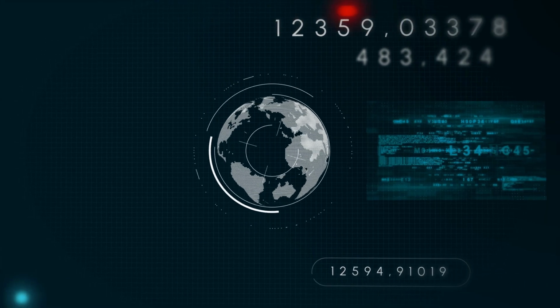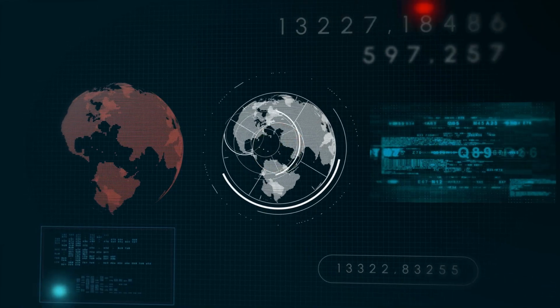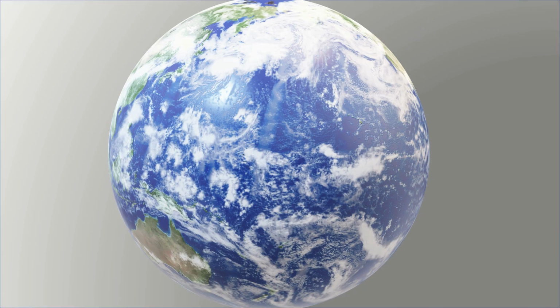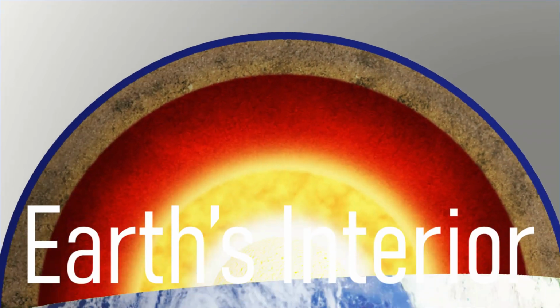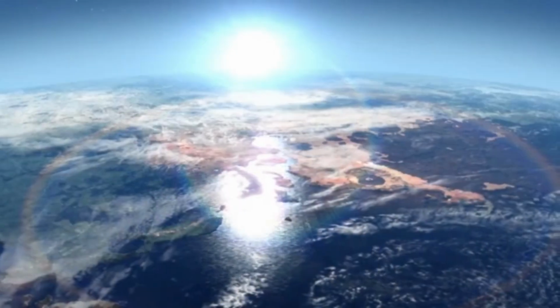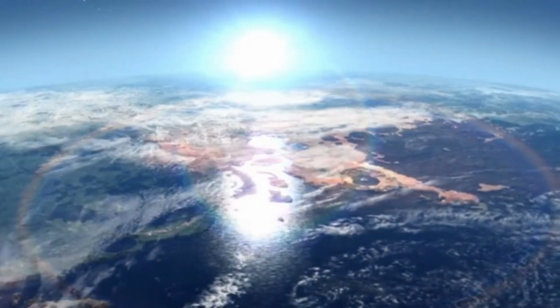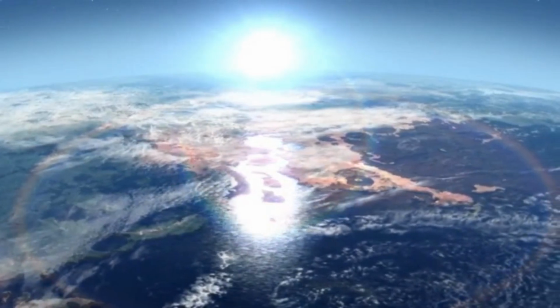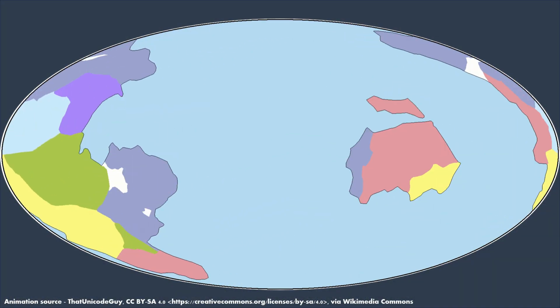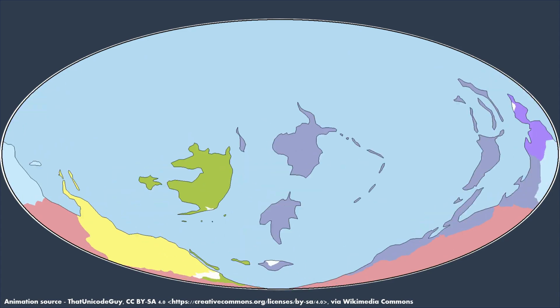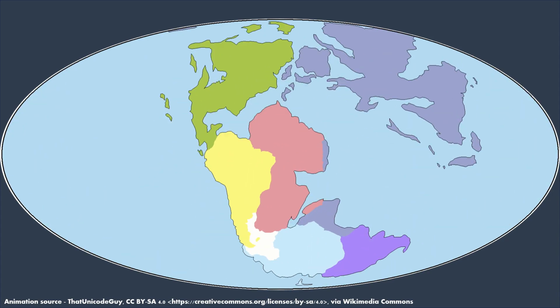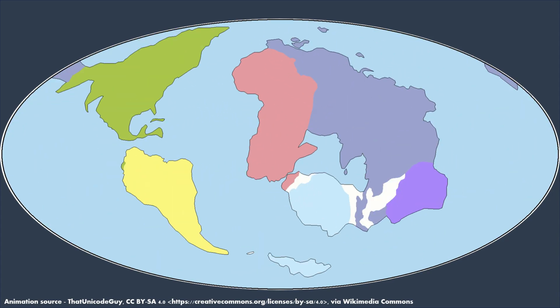These predictions are fascinating, but they depend on many complex factors. Earth's interior is highly dynamic, and long-term plate motion is difficult to forecast with certainty. Still, one thing is clear: tectonic plates will continue to move for hundreds of millions of years into the future.